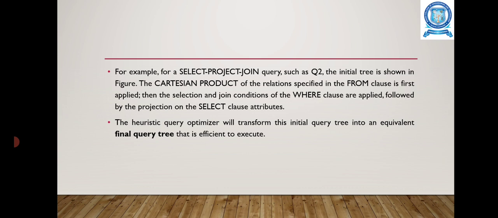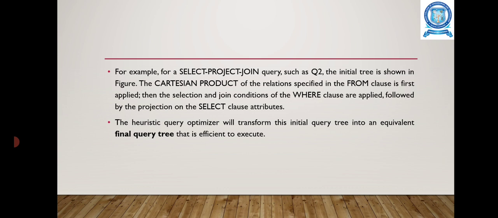For example, for a select-project-join query such as Q2, the initial tree is shown. The Cartesian product of the relations specified in the FROM clause is first applied, then the selection and the join conditions are applied, followed by the projection on the SELECT clause attributes.